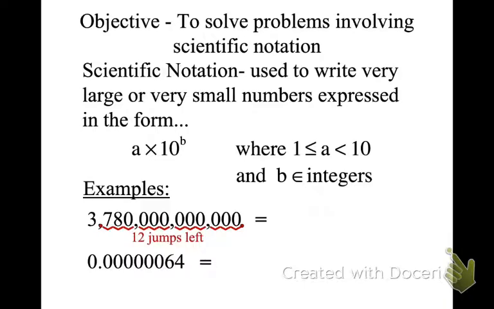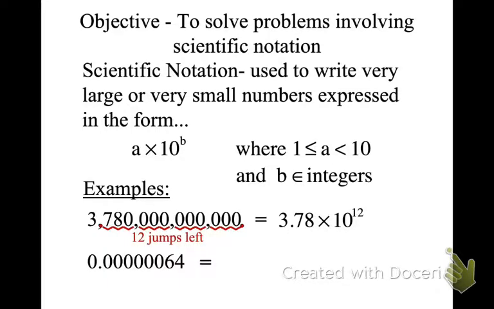Okay? So if it jumps 12 times, that decimal, we don't count the commas. We only count the digits. Then now we have a number between 1 and 10, which is 3 and 78 hundredths, and it's multiplied by a power of 10. If we did 12 jumps, it's to the 12th power.